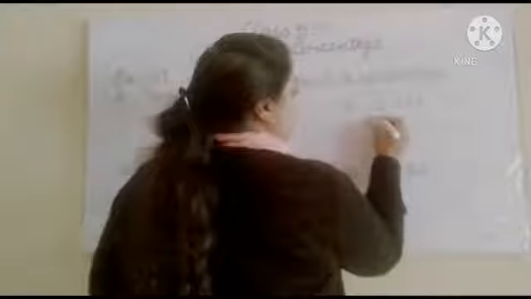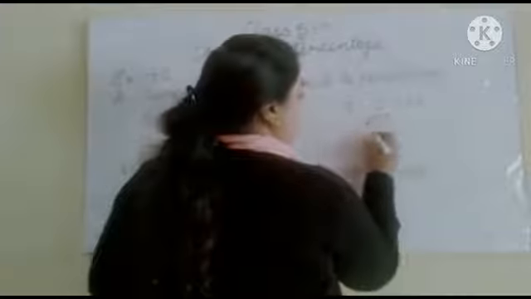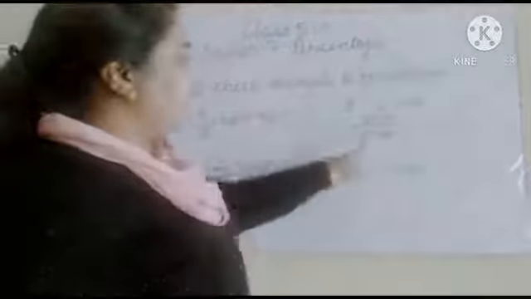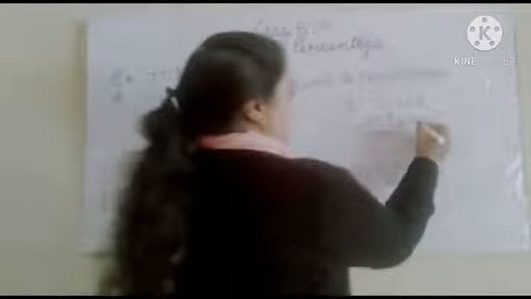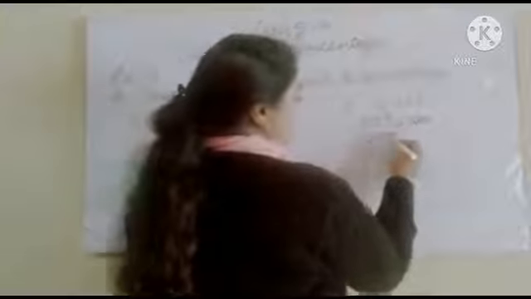Now question number 8, 0.203. First we write the number 203 divided by 1000. Because 3 numbers after the decimal, so we divide by 1000, and for finding the percentage we multiply by 100. This 100 cut with 2 zeros.